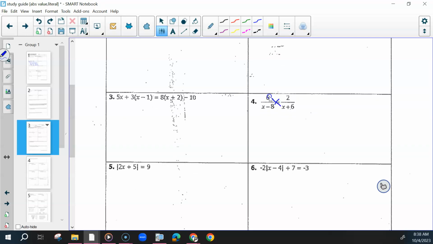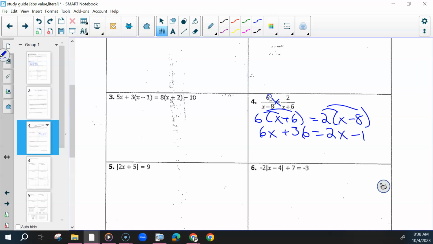You don't have to do this part, but you do have to rewrite 6 times x plus 6 equals 2 times x minus 8. It does not matter whether you put this part on the right or on the left, as long as you put them both. Distribute. So we have 6x plus 36 equals 2x minus 16.